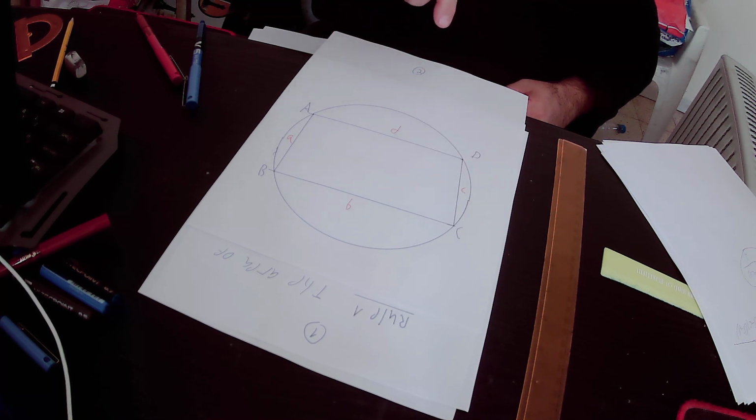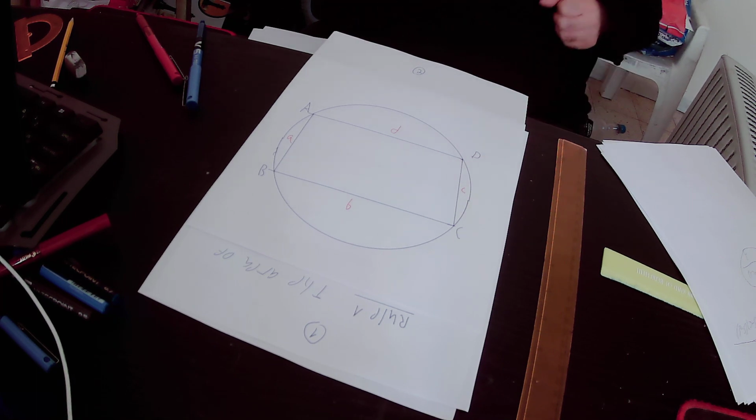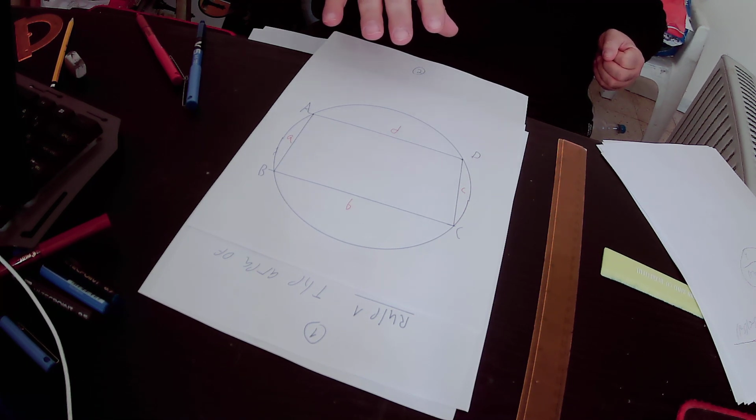This is the meaning of a cyclic quadrilateral. Any quadrilateral that has all of its 4 vertices on a circle and is inside that circle is defined as a cyclic quadrilateral.